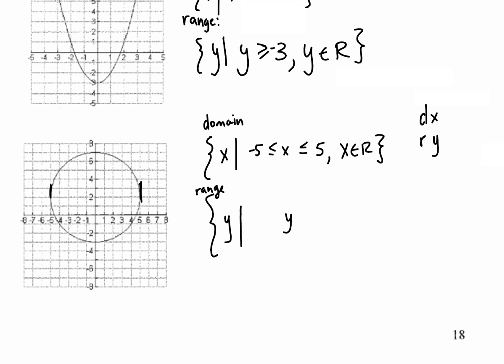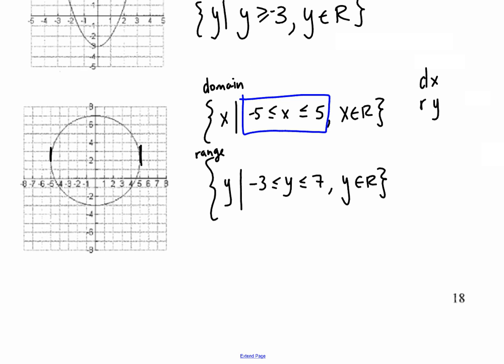Again, this is the part that really matters. For the y values, the lowest is -3, highest is 7. Y is greater than or equal to -3, less than or equal to 7, comma, y is an element of the reals. Okay, good.